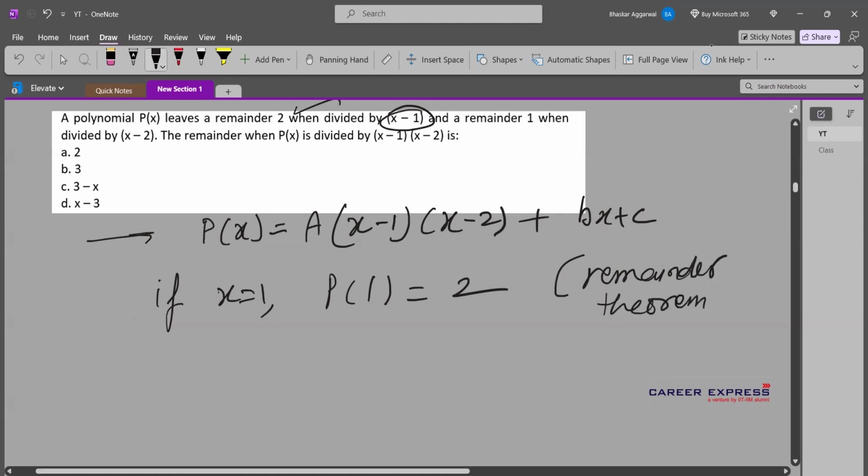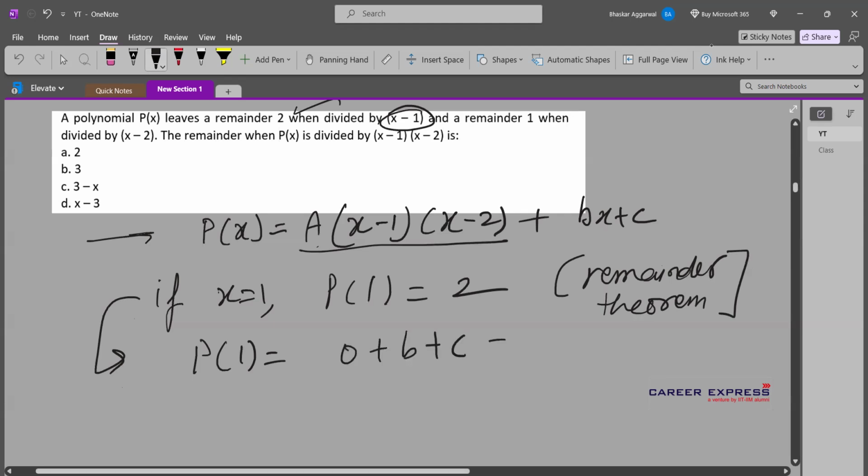Those who don't understand this will have to revise the remainder theorem. So I will directly use it here. P(1): this part will become 0 when I put x equal to 1. So 0 plus b plus c, and that should be equal to 2 as P(1) is 2. So that is my equation 1.